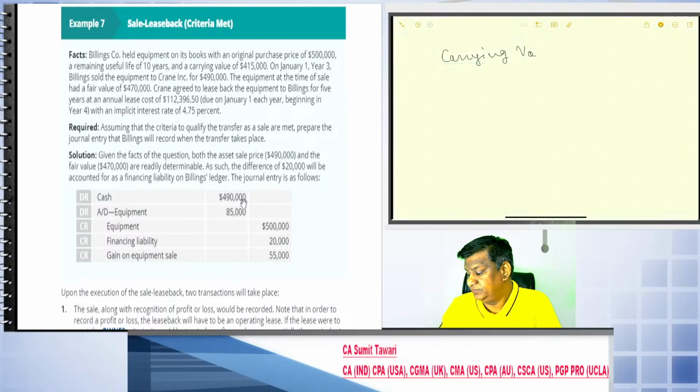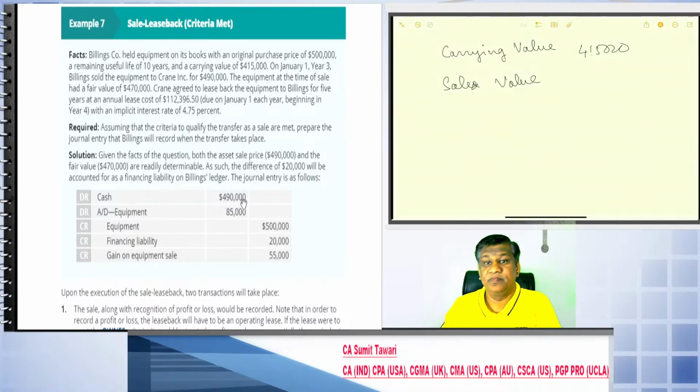So the carrying value is 415,000 and the sale value is 490,000. The equipment at the time of the sale had a fair value of 470,000.